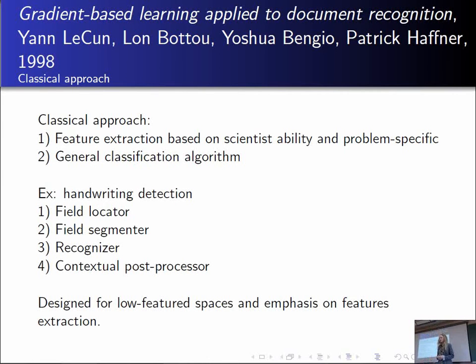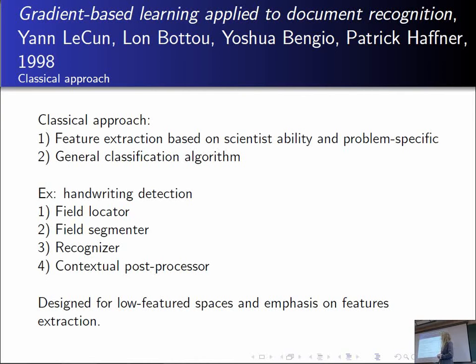Going back to the paper I told you about, Gradient-Based Learning Applied to Document Recognition. The paper based its research on the MNIST database, a database for digit recognition. It's a very well-known database in that kind of research.